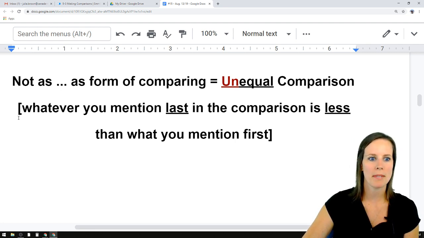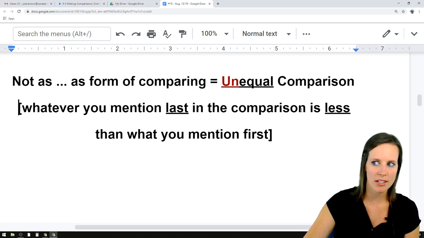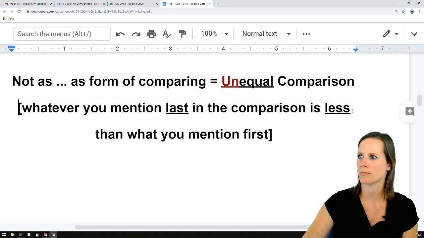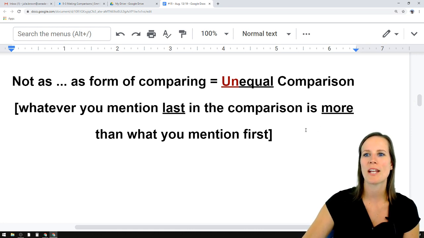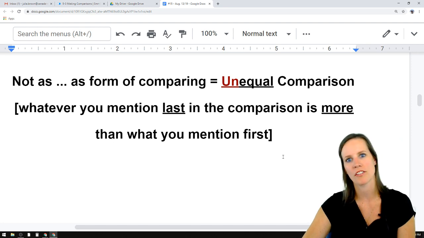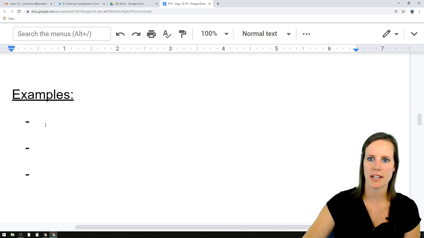So whatever you mention last in the comparison is more than what you mentioned first. Okay. Good, so let's put some examples down here.